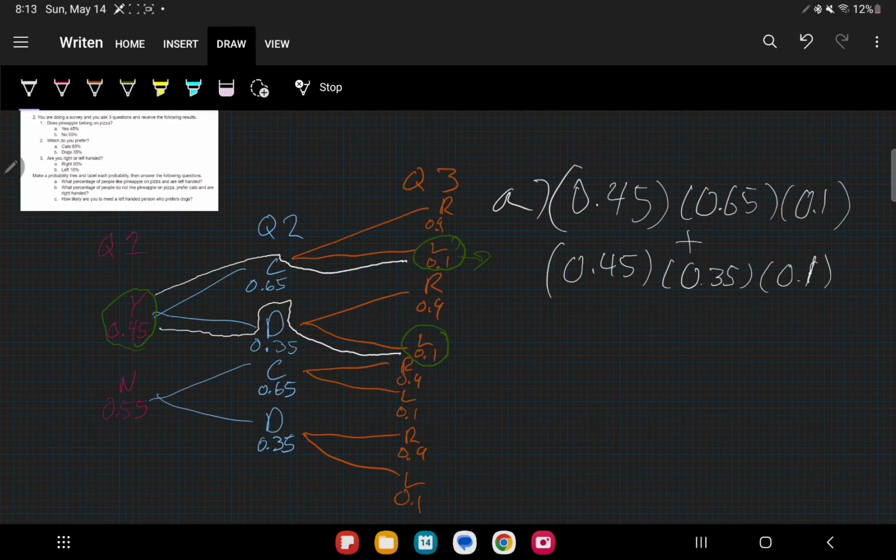For the one that likes cats, 0.45 times 0.65 times 0.1, we get 0.02925. Plus, the one for the dogs, 0.45 times 0.35 times 0.1, we get 0.01575.